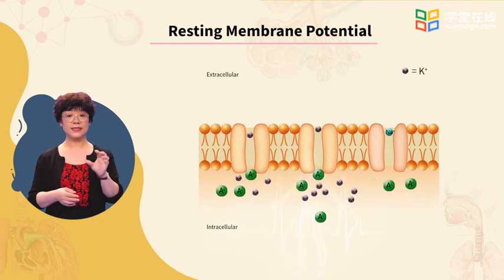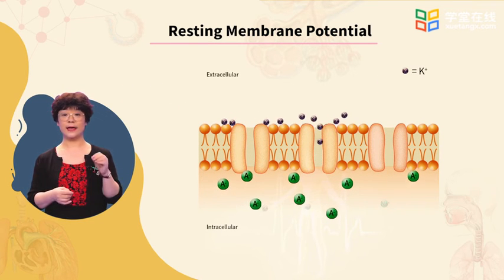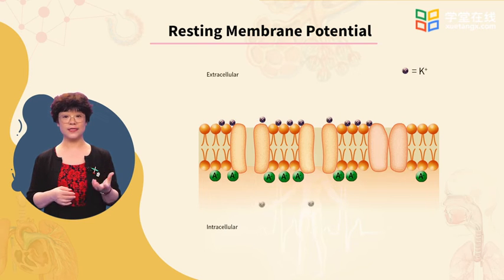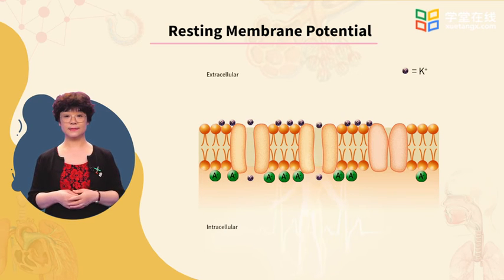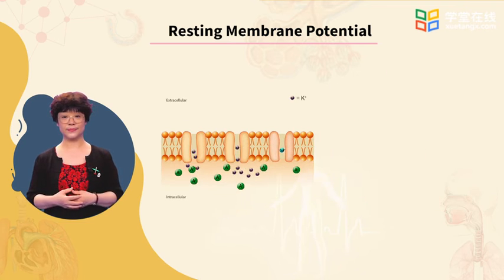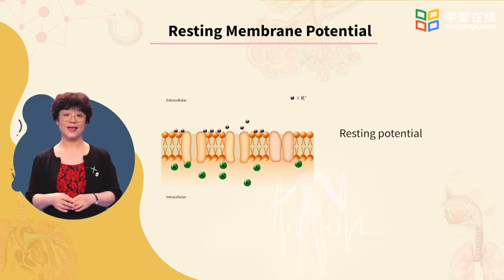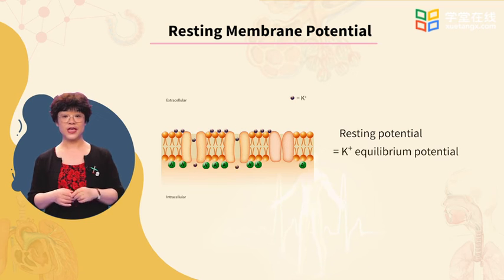At about minus 90 millivolts, the concentration gradient and electrical gradient for potassium ions are balanced. A negative membrane potential is established, and this is the resting membrane potential. It is the equilibrium potential of potassium ions.